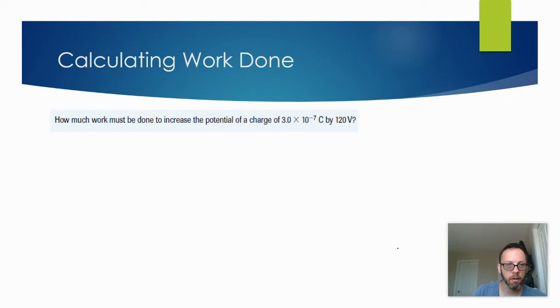So let's do a calculation and interpret what we get for our answer. How much work must be done to increase the potential by 120 volts?